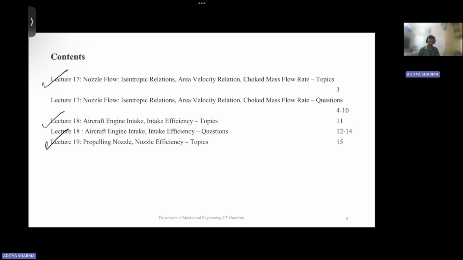As I was saying, the theme is intake and nozzles. The first lecture is nozzle flow. In nozzle flow, you'll see isentropic relations, area velocity relation, and what is the mass flow rate in the nozzle when it's choked. We should see this.